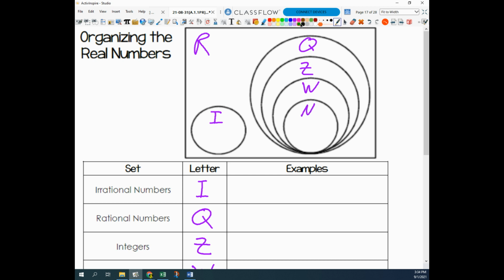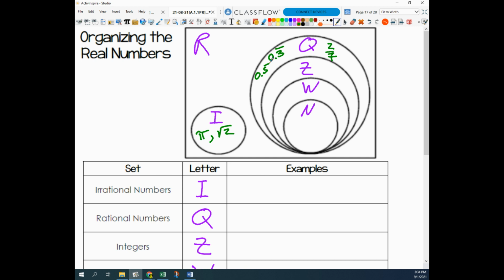So let's throw a couple samples in there. Irrational numbers would be something like pi, or maybe the square root of 2. Rational numbers would be things like 2/7 or 0.3 repeating, or 0.5, right?